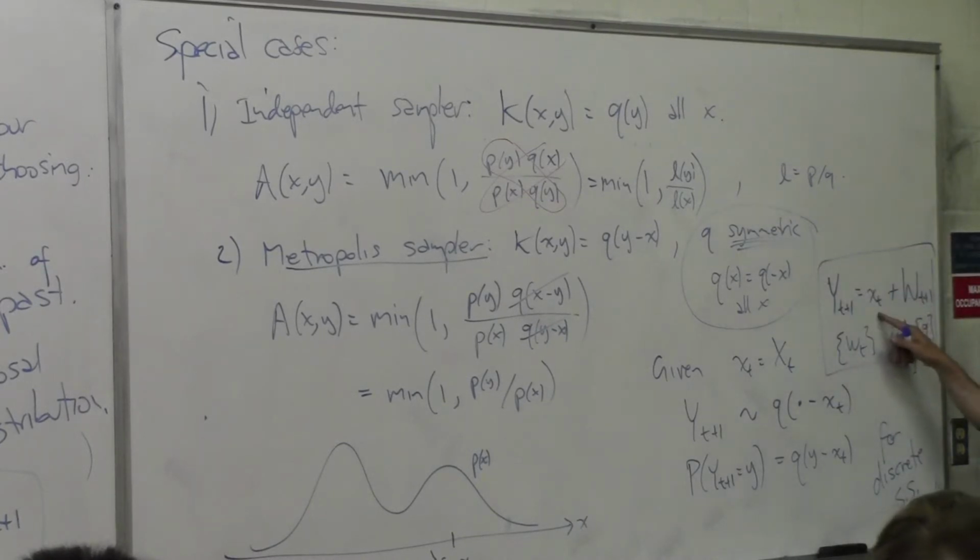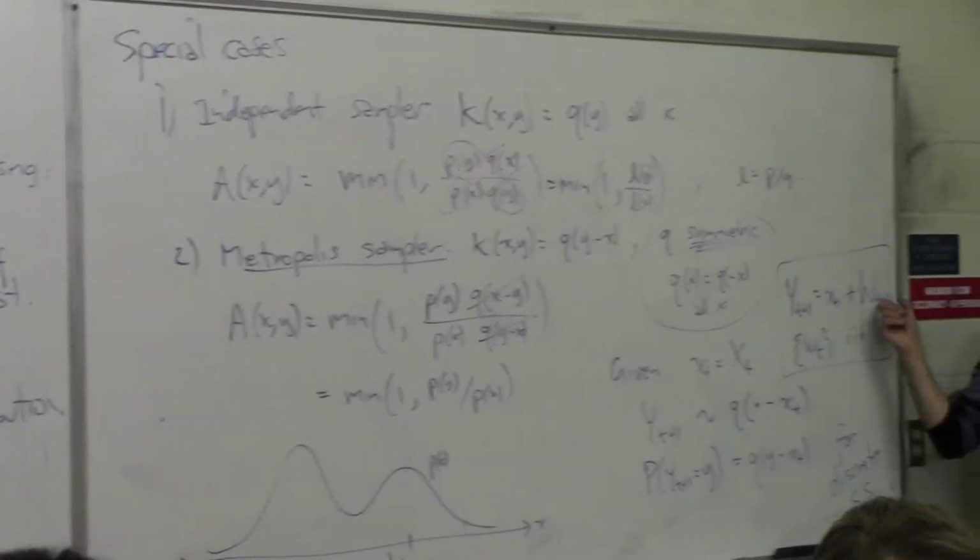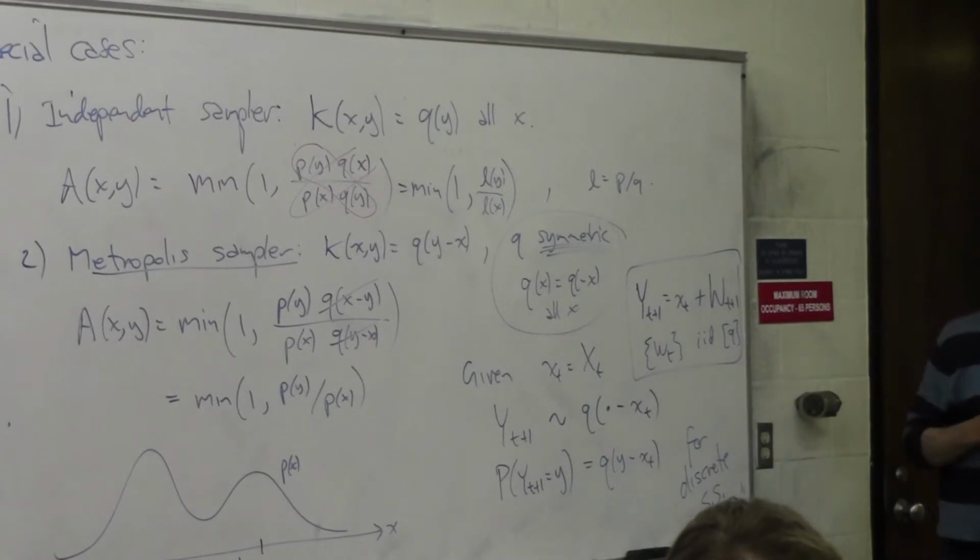So I'm just taking my current state, adding on some noise, typically Gaussian. That's a typical thing people will use. If it's not discrete state spaces, it's usually continuous, and you just add on some noise. So how would you do that in this example?